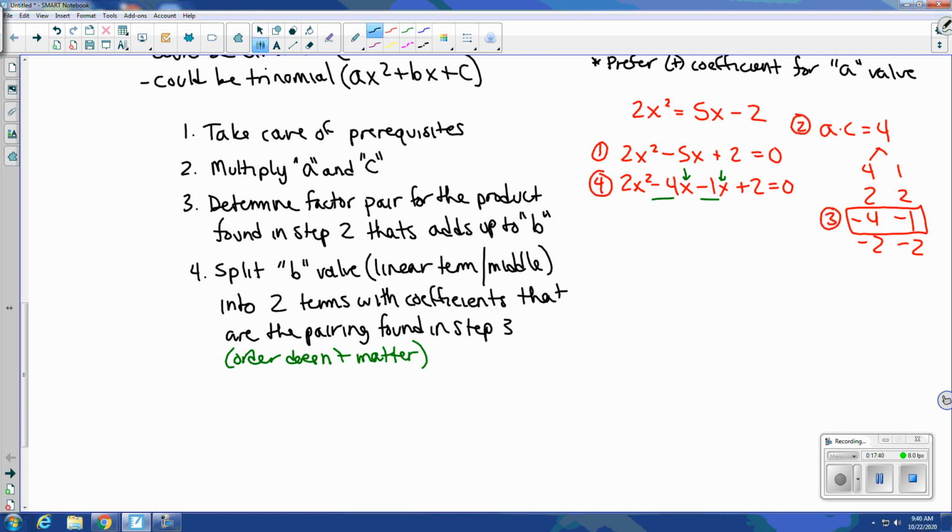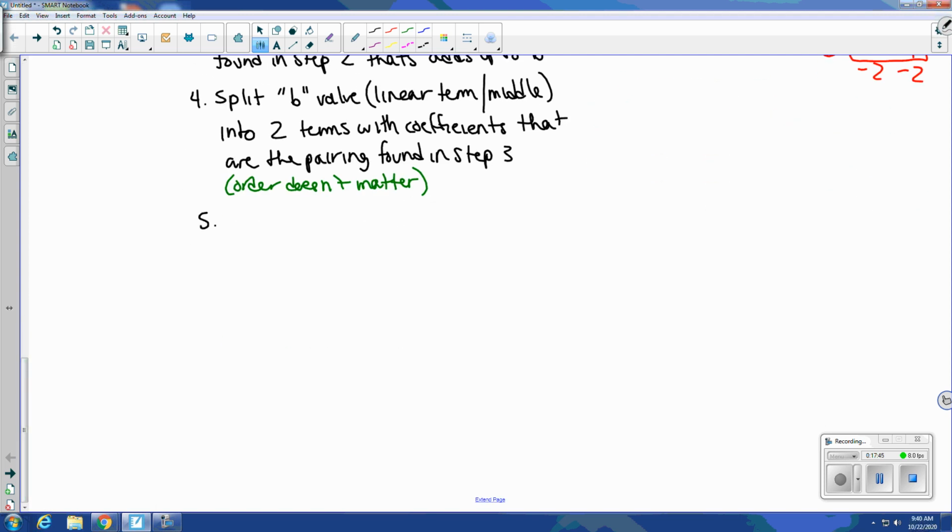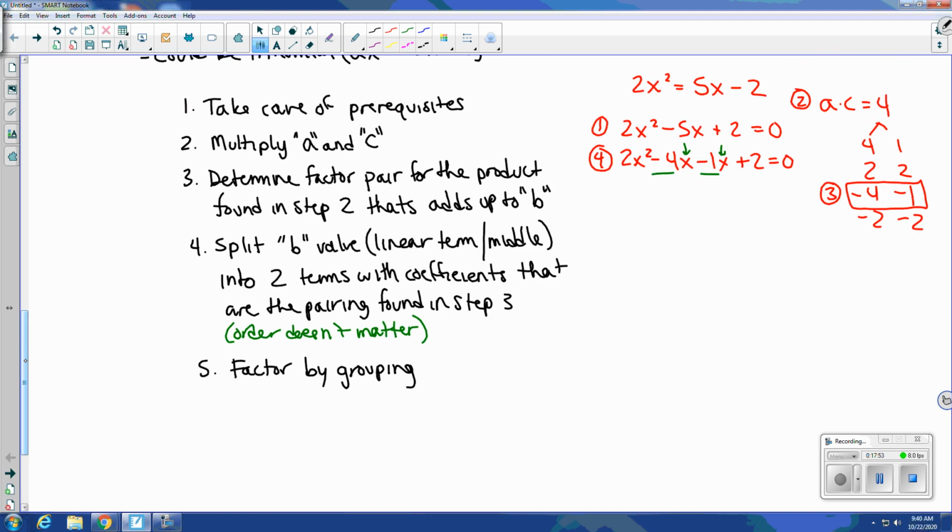Now, once you've done that, step 5 is factor by grouping. Now the question is, what is grouping? Well, we are going to group the first 2 terms and the last 2 terms.